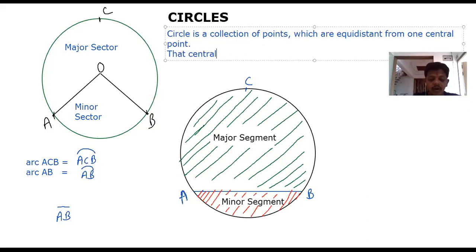That central point is called as what? Center.